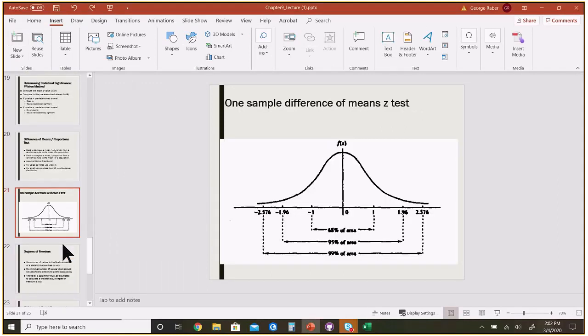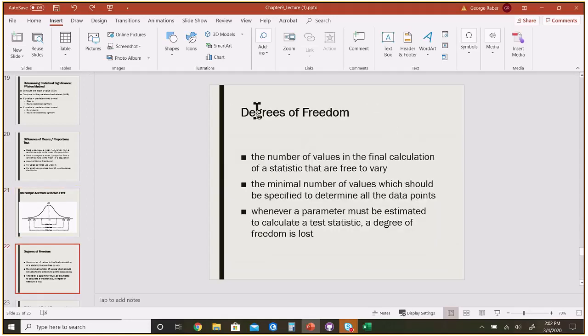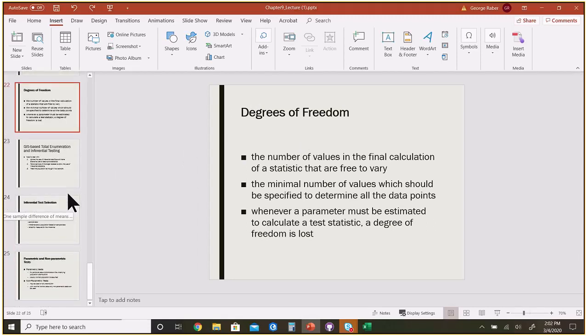All right. So we can also do a one sample difference of mean test. We don't have to do proportions. We could do means. For all the tests that we'll do, there's this concept of degrees of freedom, and the degrees of freedom is often related to your sample size. Basically, it's the number of values in the final calculation of a statistic that are free to vary.